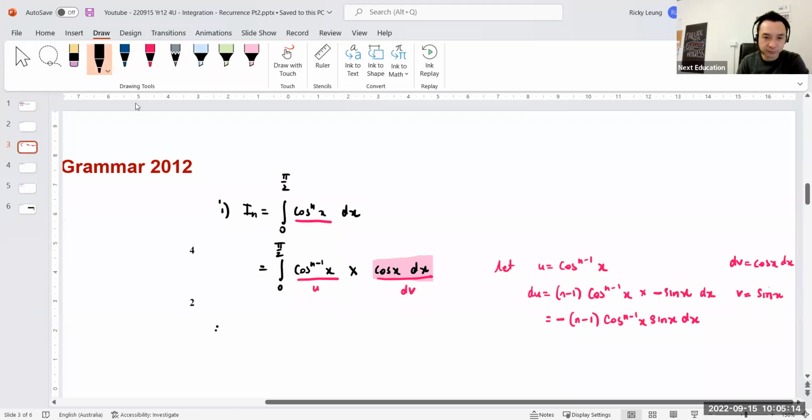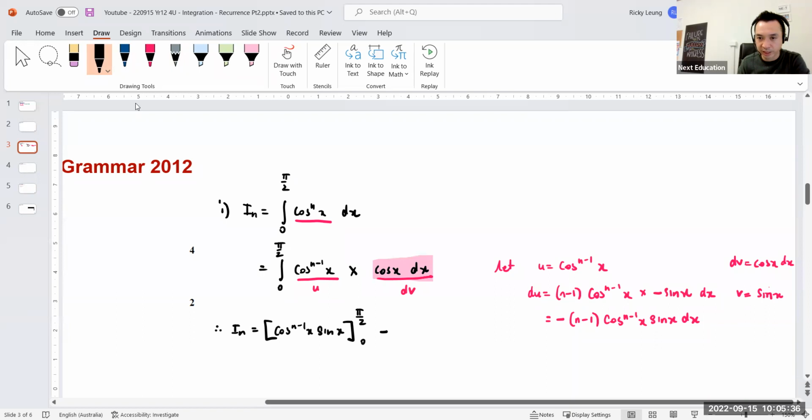Therefore, in using by parts, uv, so cos n minus 1 x sine x with the limits of that and that. Now, I need the integral of this guy, right, times this guy.